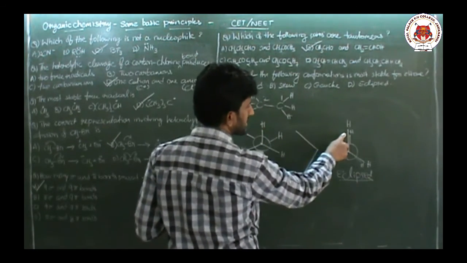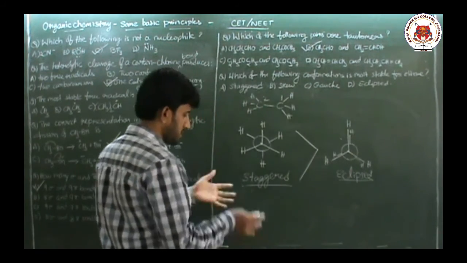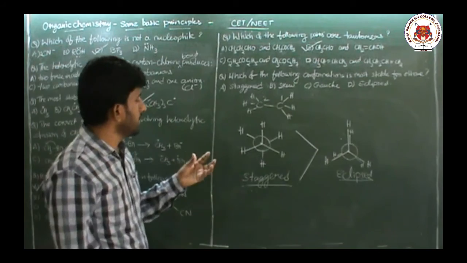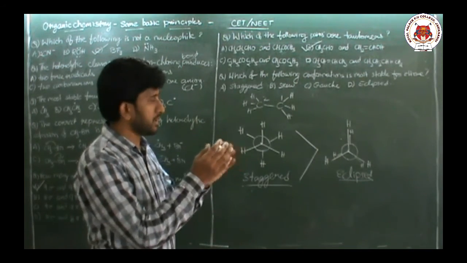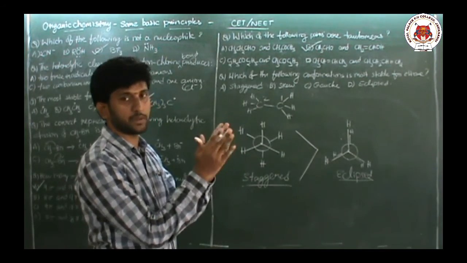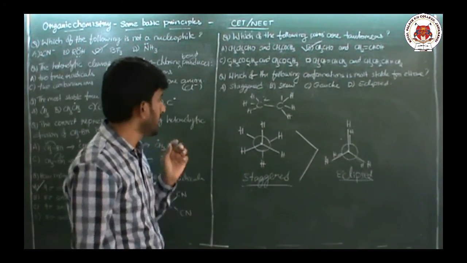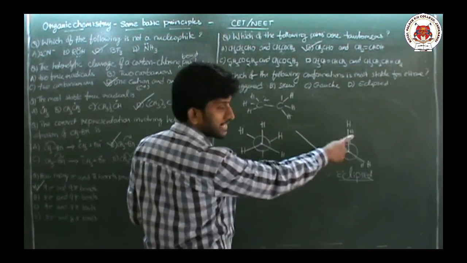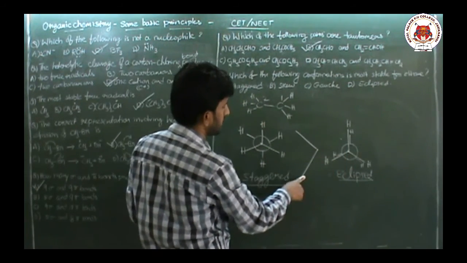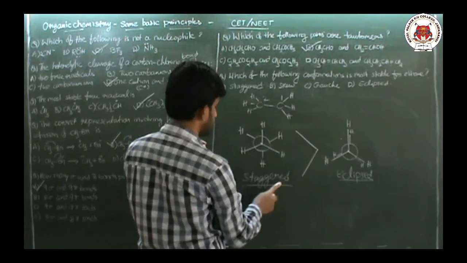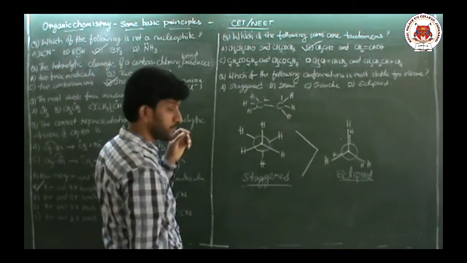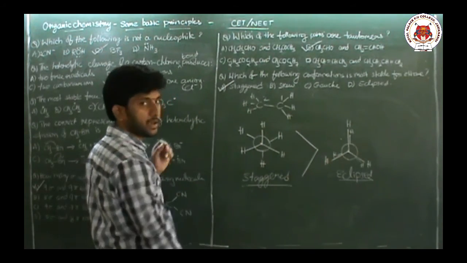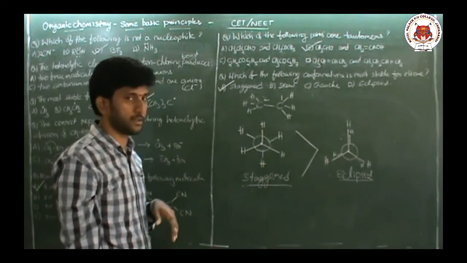This is also called steric crowding: atoms repel each other, or there is not sufficient space to arrange themselves. Here sufficient space is there, here not. So strain is created, this becomes less stable and that becomes more stable. So the staggered conformation is more stable than the other conformations of ethane.